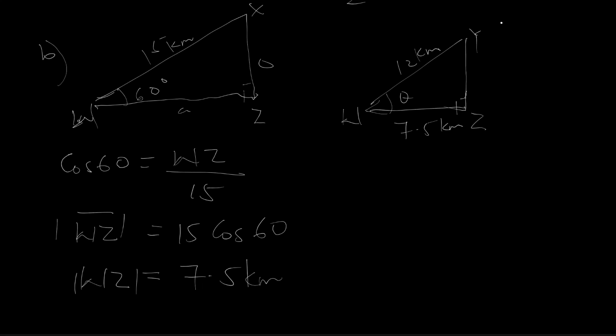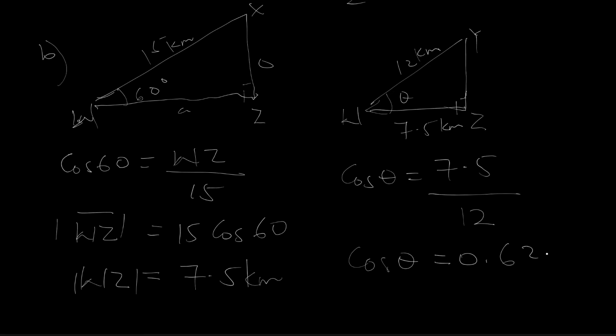So in this triangle, we can also use cos to find theta. So cos theta is equal to 7.5, which is the adjacent, over the hypotenuse, which is 12. So cos theta will be equal to 7.5 divided by 12, we get 0.625.